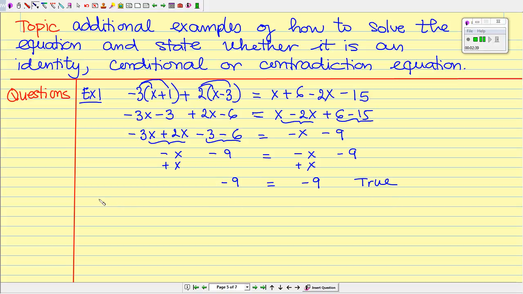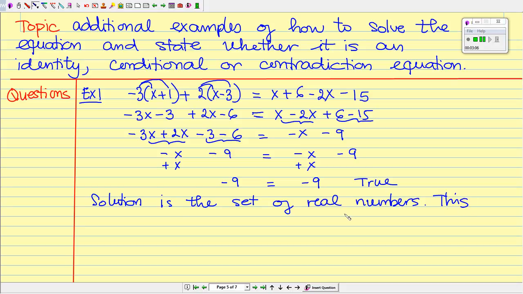Therefore, we can conclude that the solution for this equation is the set of real numbers, and this equation is an identity equation.